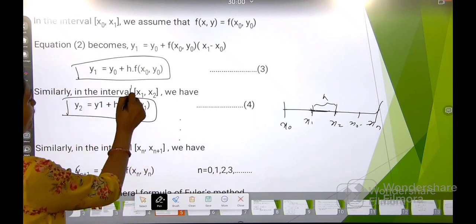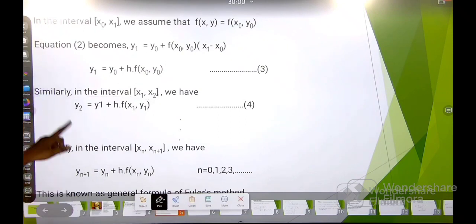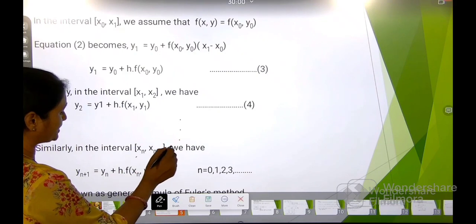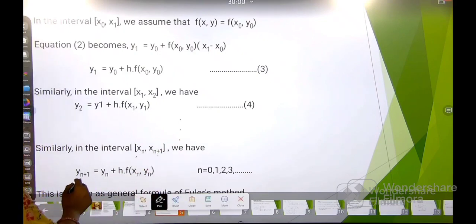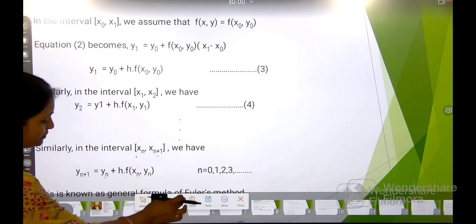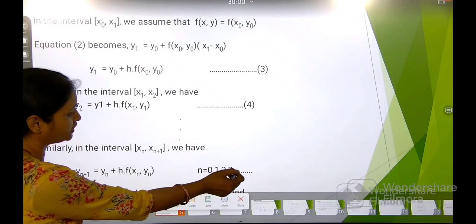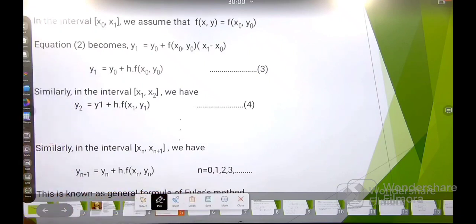This is the formula for the interval x1 to x2. And similarly, in the last interval, xn to xn plus 1, we have yn plus 1 is equal to yn plus h into f of xn yn, and n is equal to 0, 1, 2, 3 and so on. So this is our general formula of Euler's method.